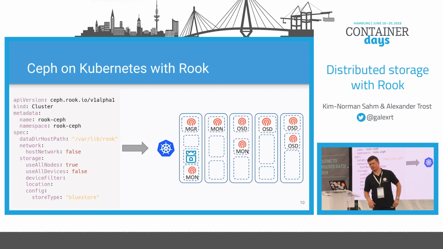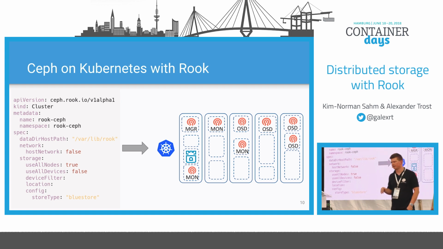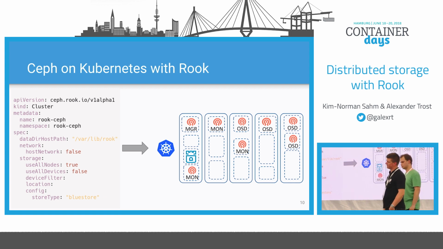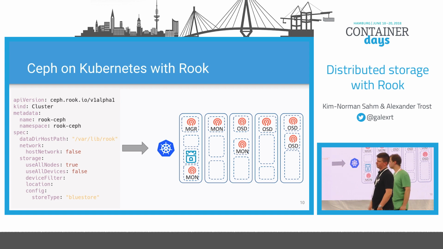Do we use all our Kubernetes nodes to deploy the Ceph stuff, or should we use specific nodes? Would we use all devices collected in the nodes, or we can use a device filter to specify, please only select, I don't know, sdb to sdf for using as an OSD device.